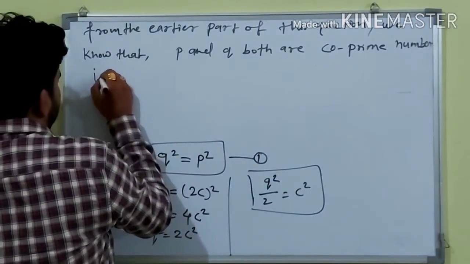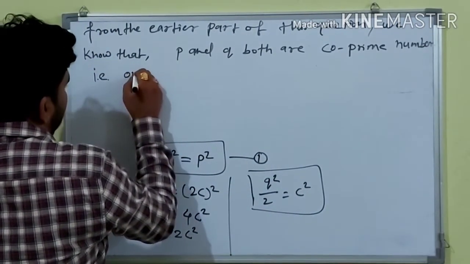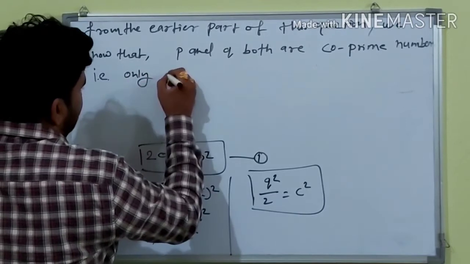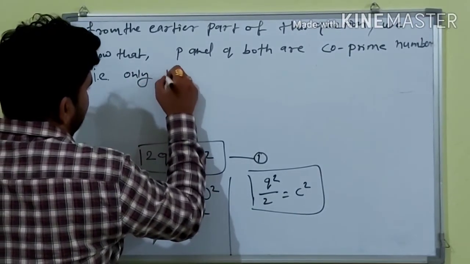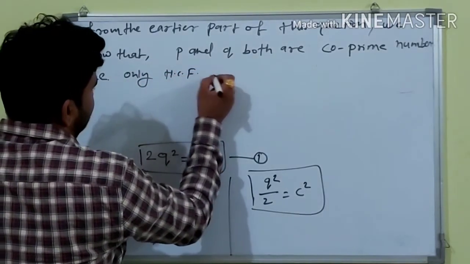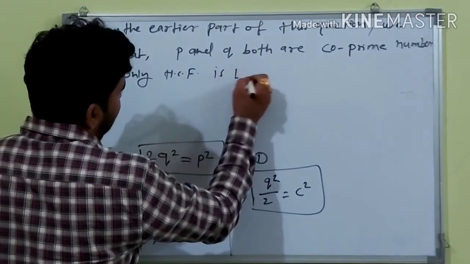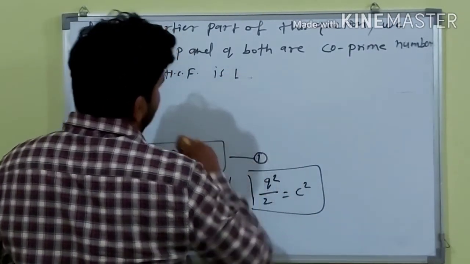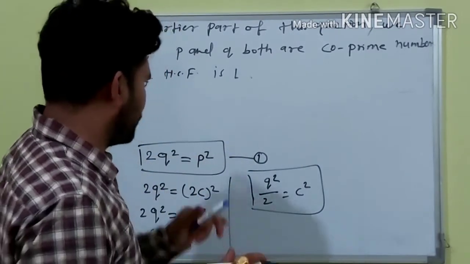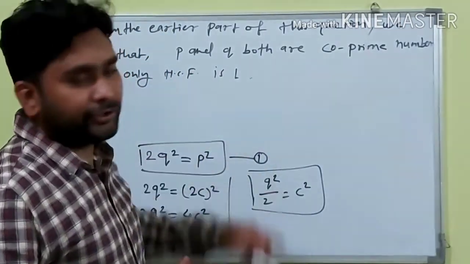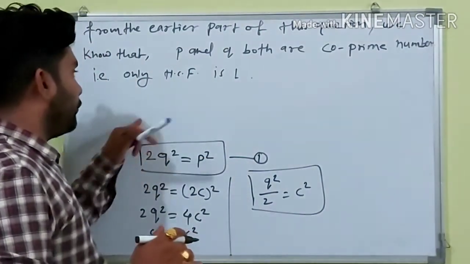Means that only one factor, HCF is 1 in between them. Okay, and there is no more factors between p and q because both are co-prime numbers.